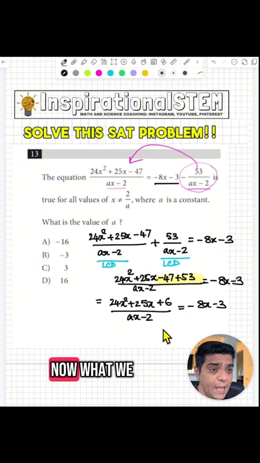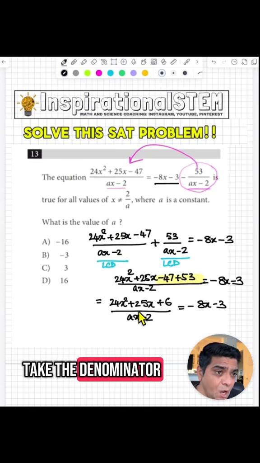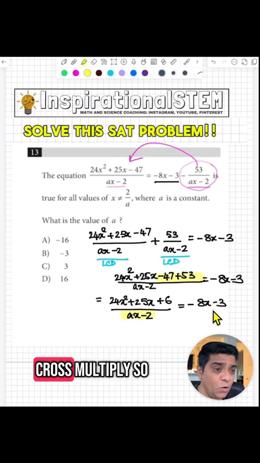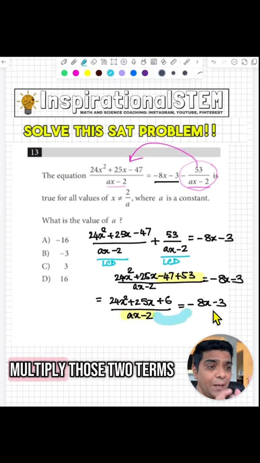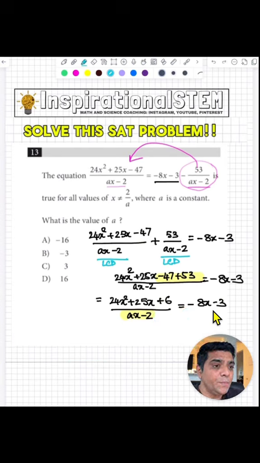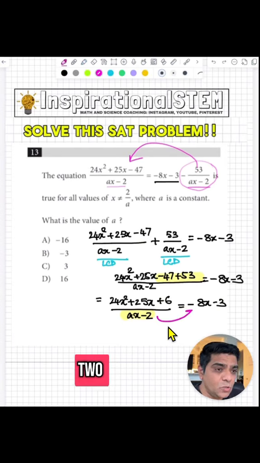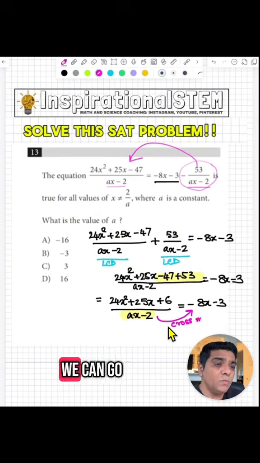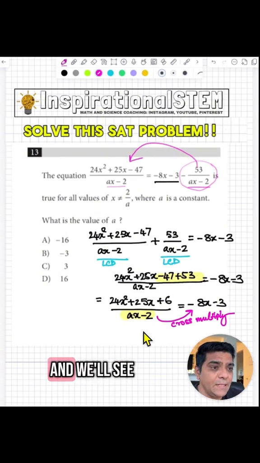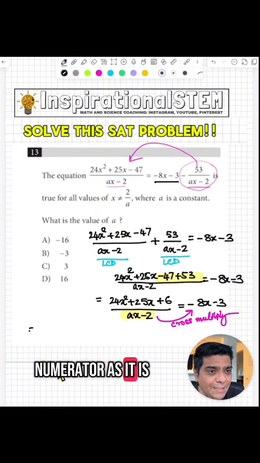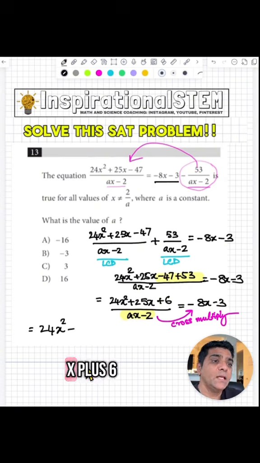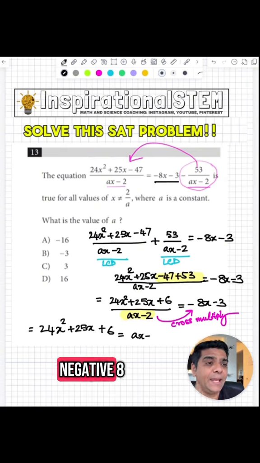So notice now what we can do is take the denominator and move it to the other side, cross multiply it, so that we can multiply those two terms. So we can go ahead and cross multiply that, and we'll see what happens. We write the numerator as it is, 24x squared plus 25x plus 6 equals ax minus 2 times negative 8x minus 3.